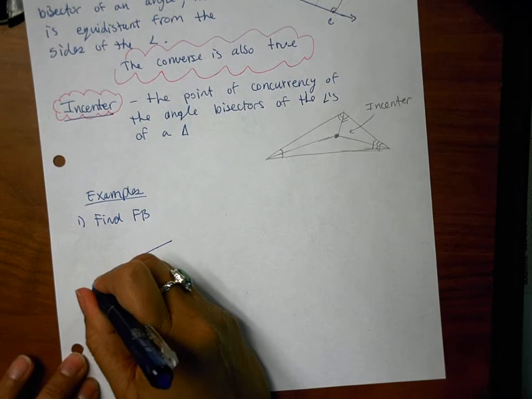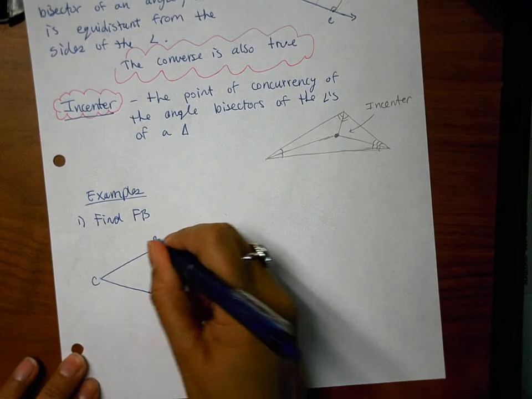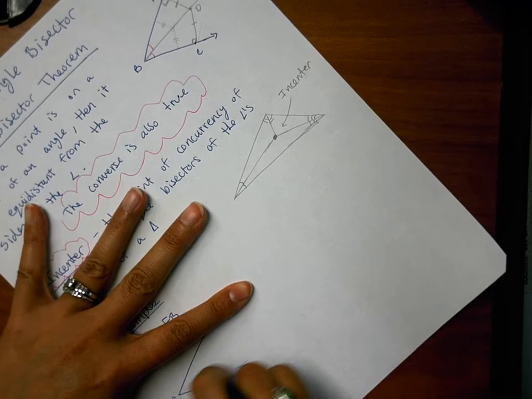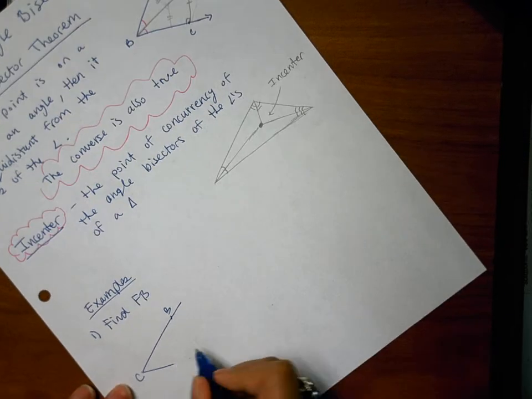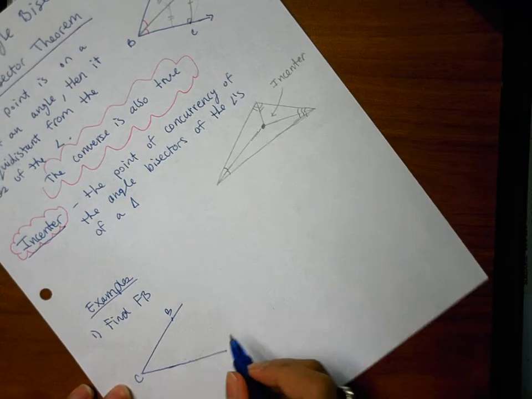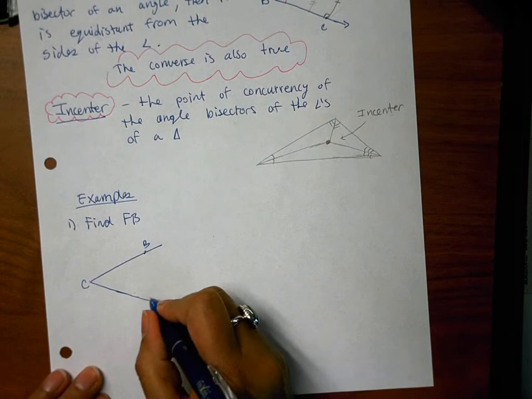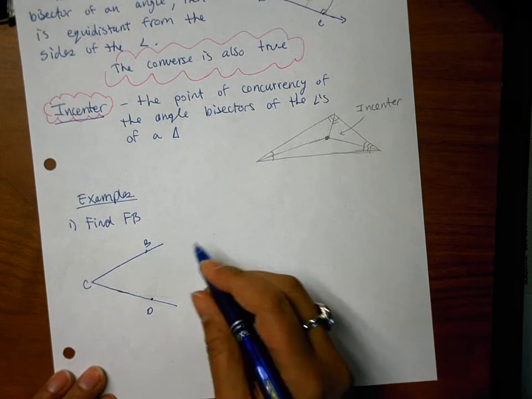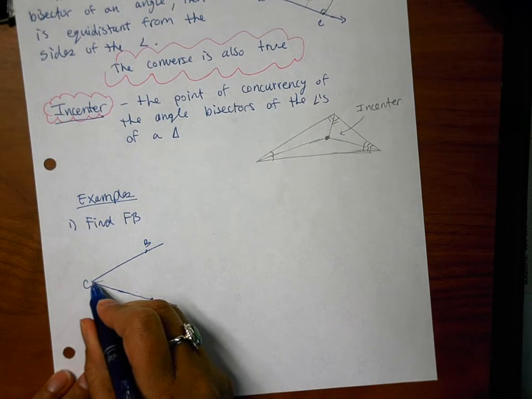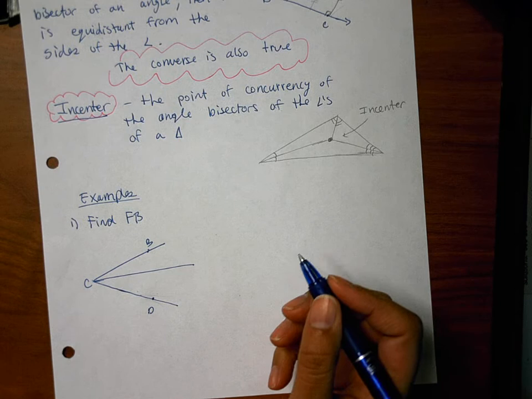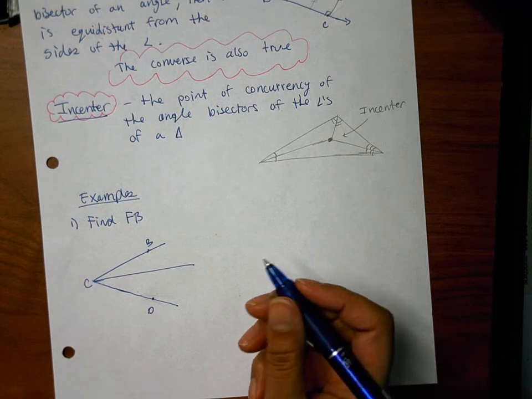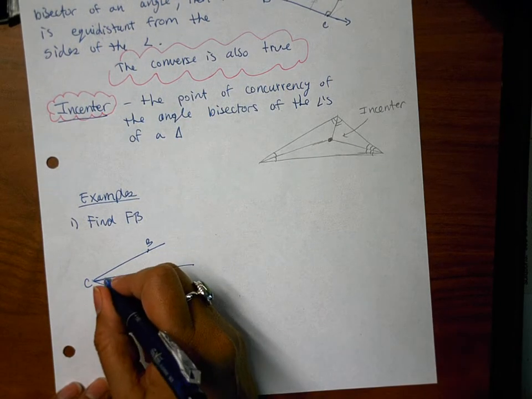Okay, this is going to be C, B, D, and we're going to draw this line coming out here. And there's certain markings I'm going to give you and certain markings I'm not.